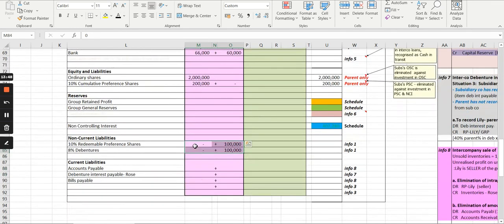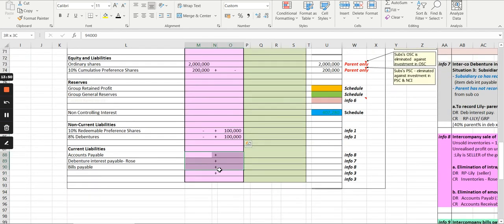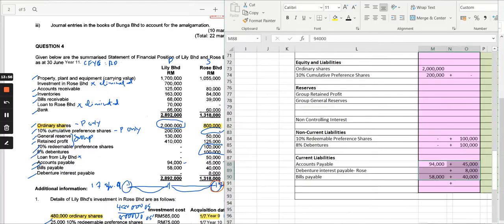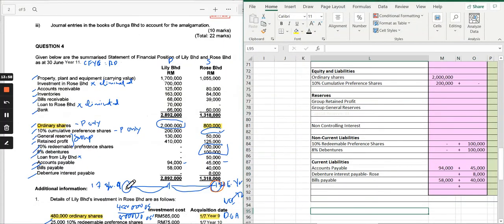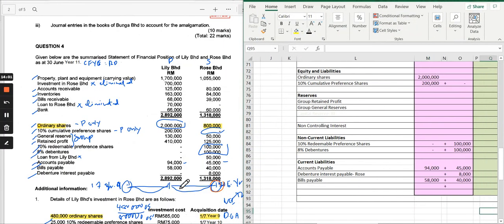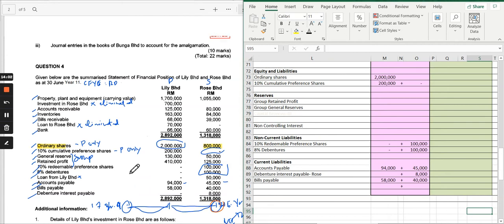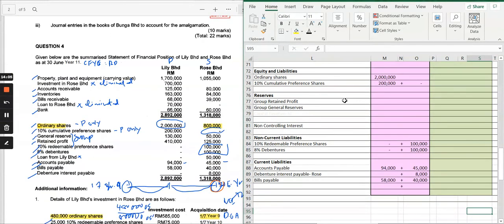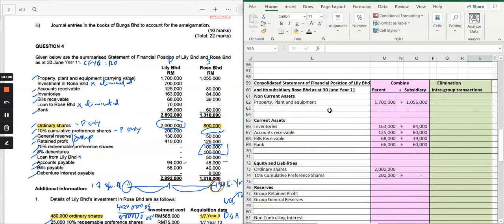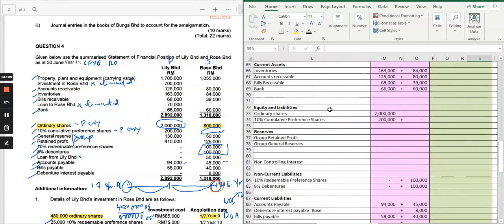We just do the addition first without any consolidation adjustment. Just copy the items from the question without doing any adjustment yet. Just make sure that you take the correct order of items that are supposed to be consolidated. Having done that, you are halfway through already with the consolidated statement of financial position.